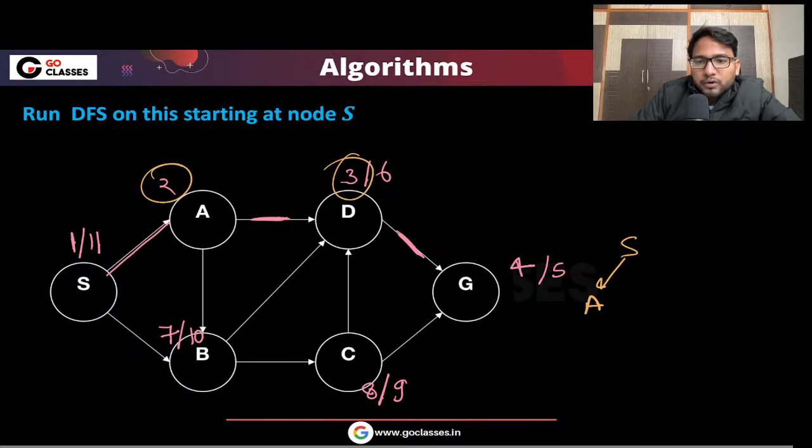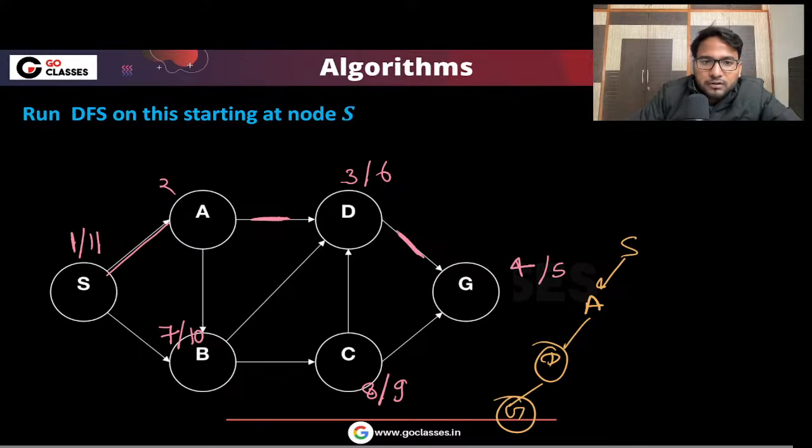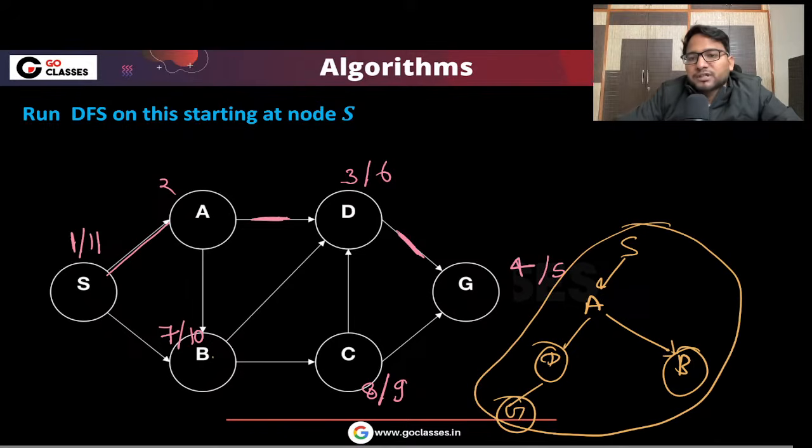From A you are going to D, so write A to D. Then 4 is here, so you go to G, then 5 and 6 are here, and then 7: from D you go back to A, and from A you go to B. That is the tree that you have. This is called the depth first tree.